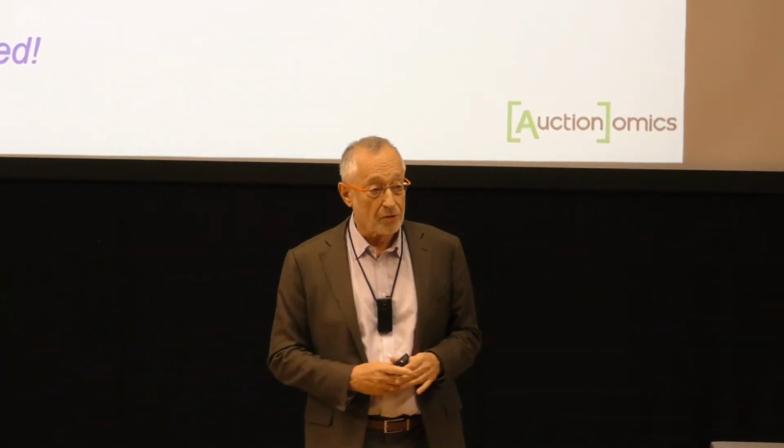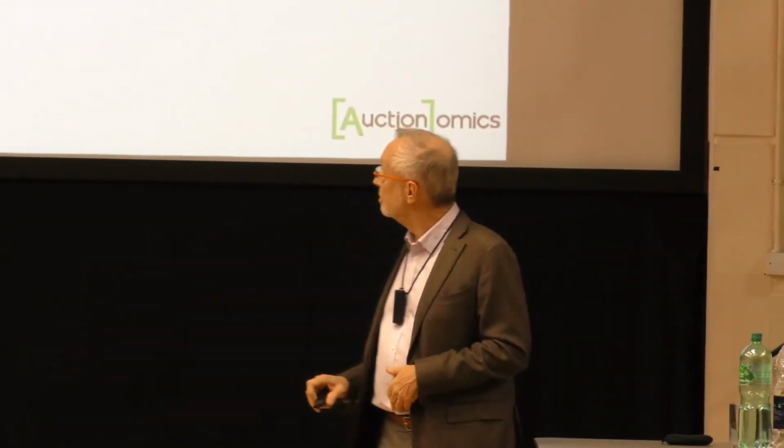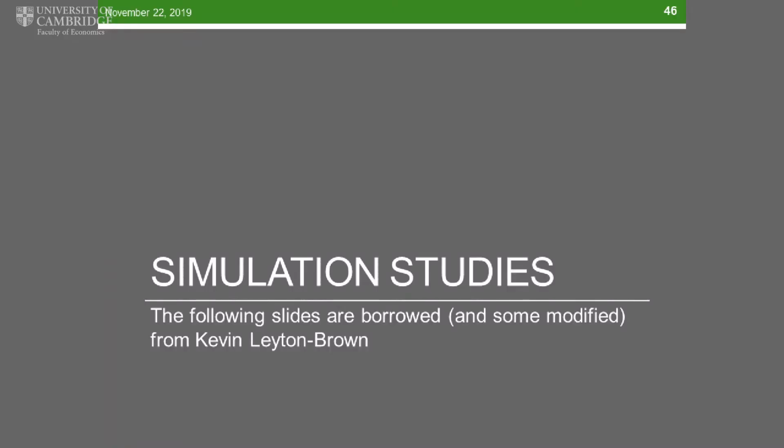And that's what I will be reporting to you here. Okay, these simulation studies, these slides are borrowed and some are modified from ones by Kevin Leyton-Brown. Kevin was the computer scientist that worked for Auctionomics on designing the algorithms that we used and the simulations that we ran.